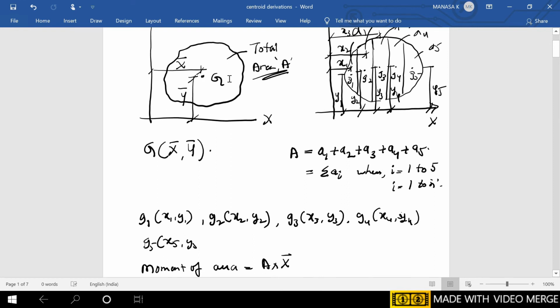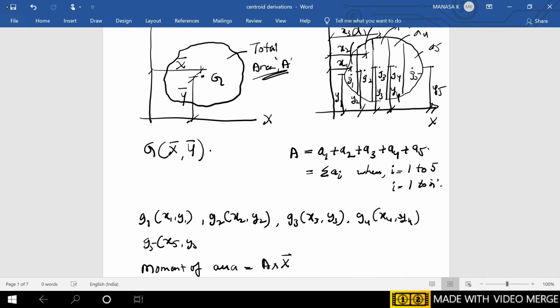Now that area means you have to consider the point of concentration of the entire mass, that is nothing but the centroid, and from there you measure the perpendicular distance, which I have taken here as x bar. So this will be the moment area of the entire lamina.